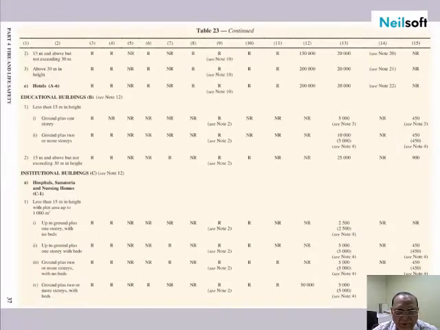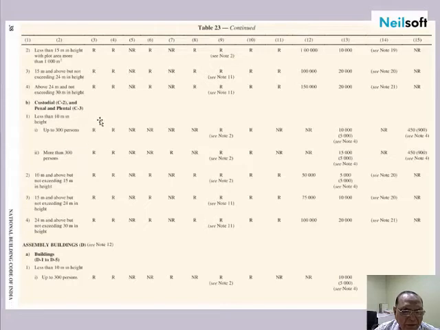Similarly, the further slides are explaining the different kinds of occupancies. Like the educational buildings, institutional buildings, assembly buildings, and so on.